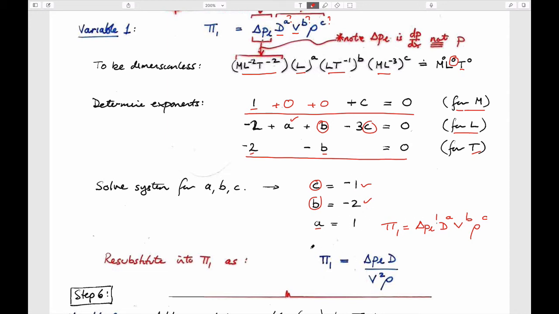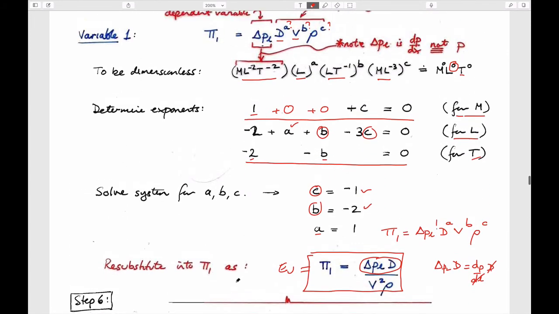We can substitute for this, and we end up with this. And since we know that delta PL times D is the same as dPdL times D, this is really a pressure on the top, and this is V squared over rho. So this is actually the same as an Euler number.